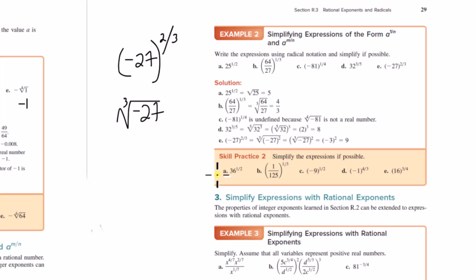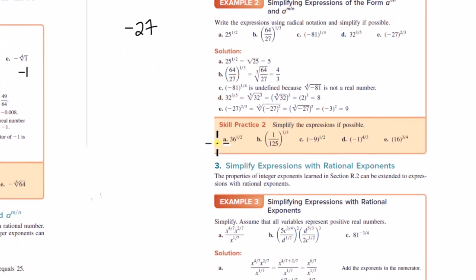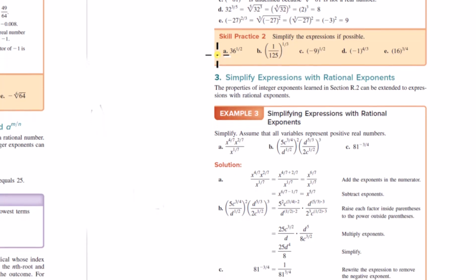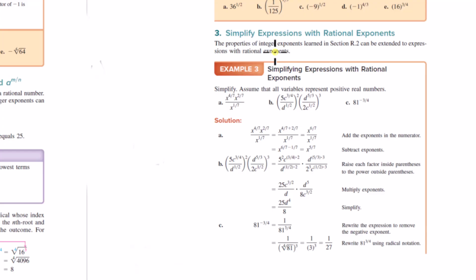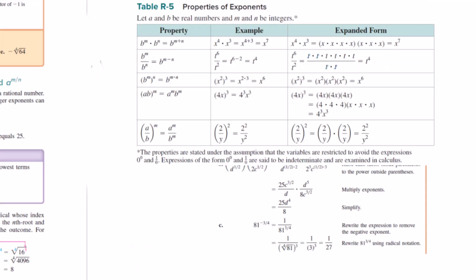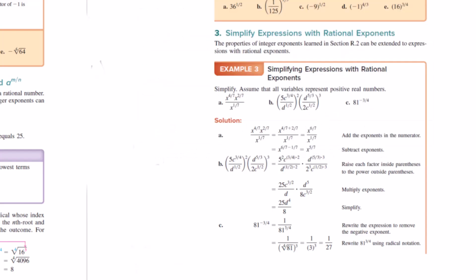Okay. Now, next we simplify some variable expressions with rational exponents, and it notes here that it's really nice. The properties of the integer exponents, we can just extend straight to rational exponents, no problem. So we can apply all these properties with rational exponents. Okay, so we've got x to the 4/7 times x to the 2/7 over x to the 1/7.